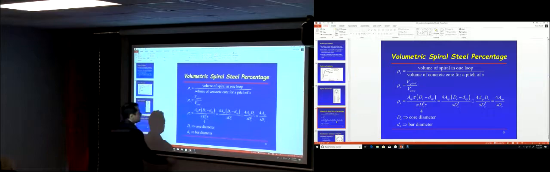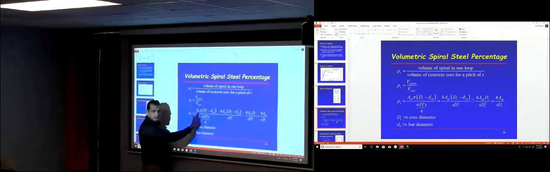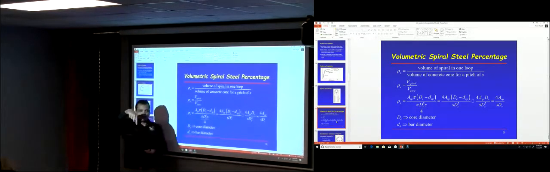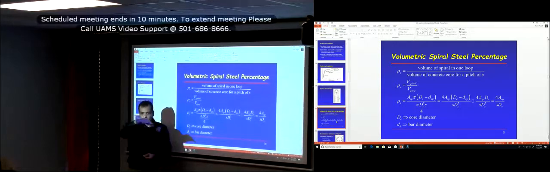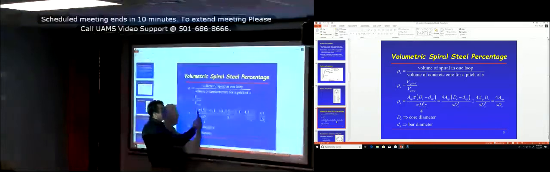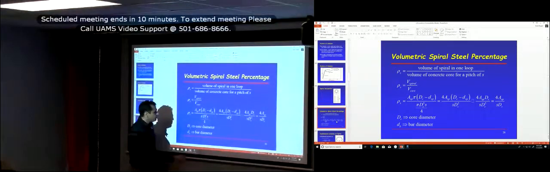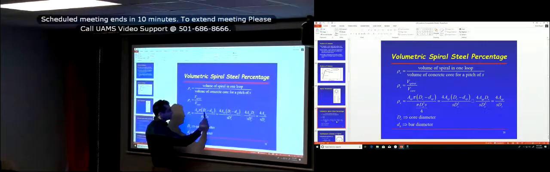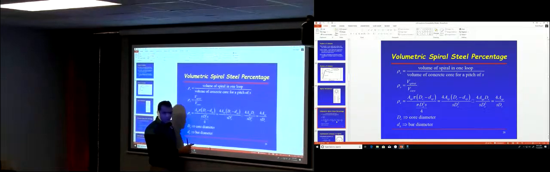So the area, that's the area of the spiral here, times the length in one loop, which is equal to the perimeter, right? So the perimeter is pi d. Here we use d of the core, the inside diameter of the core of the concrete, beyond the stirrups, minus d of the spiral.